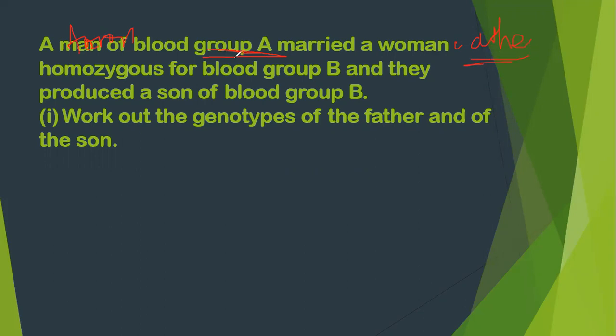Now, Aaron is of blood group A, but we have seen that A can be homozygous or heterozygous. Aaron marries Kathy, and Kathy is homozygous for blood group B. So this is Kathy, typically homozygous.